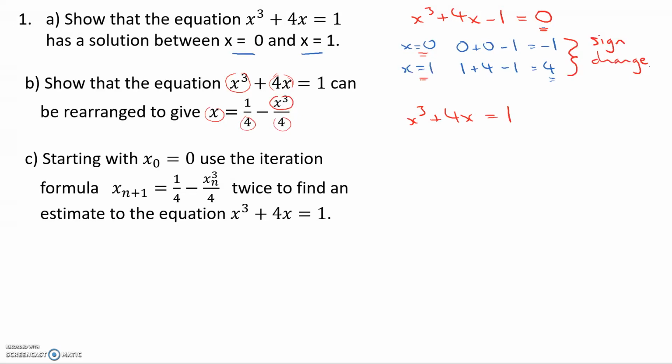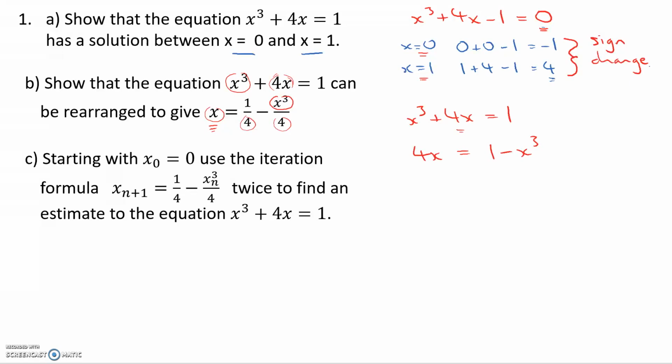So what shall we do? Well, this x part, it's got to come from this part. So I think I'm going to subtract the x cubed so that I get 4x equals 1 subtract x cubed. That's starting to look good because my x bit is now on the left. Okay, how do I get x on its own? Well, I'm going to divide by 4.